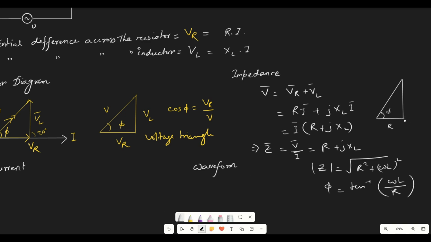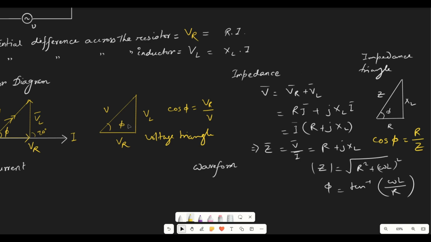This is the component due to resistance, this is the component due to inductance, and the resultant is Z. So this is the impedance triangle. From here also we can determine the power factor: cos phi is given by R by Z.